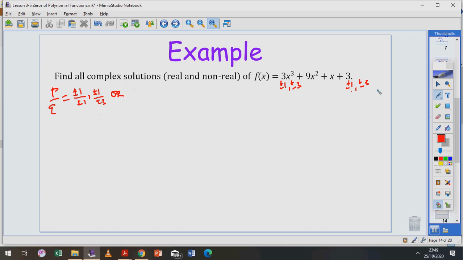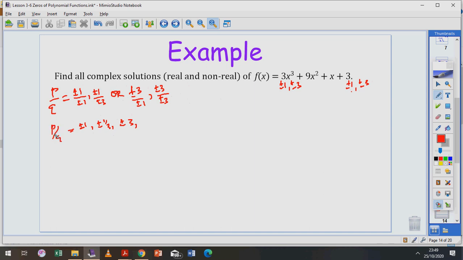Or the other combination is this one with these two, which is plus minus 3 out of plus minus 1 or plus minus 3 out of plus minus 3. Okay, so now what does that give? This is plus minus 1, plus minus 1/3, plus minus 3 over 1 is 3, and this is plus minus 1, which I already have.